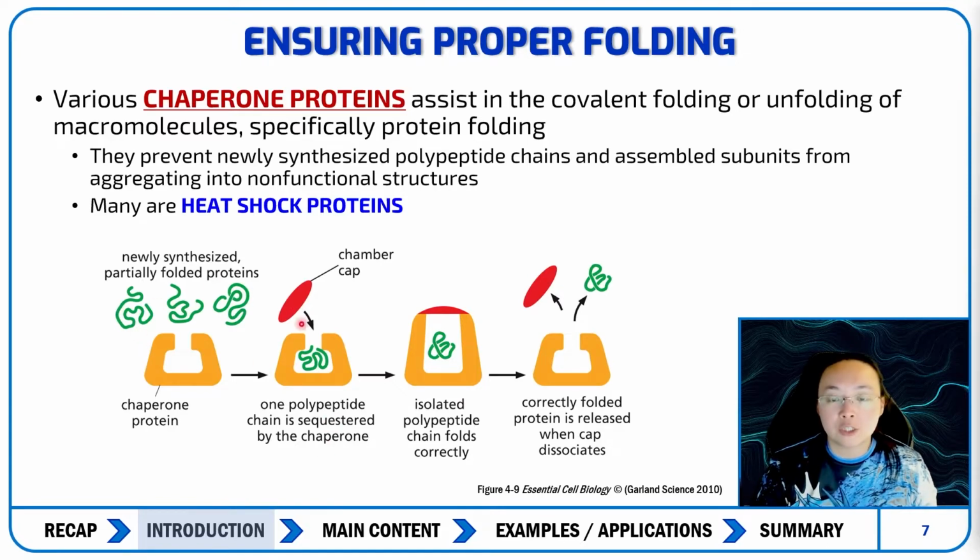So it goes into one of these chaperone proteins to get a clean, stable environment to fold the way it should. After it's done, the chaperone protein is going to release that folded protein so that it can do its function.